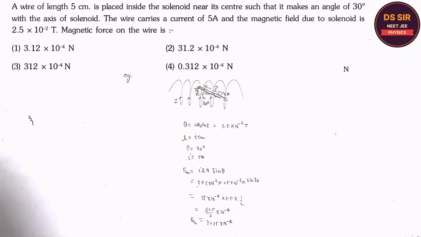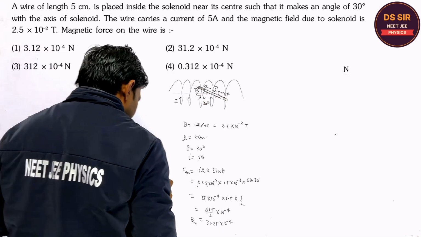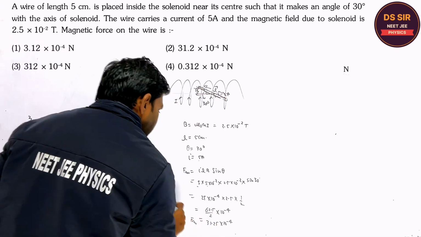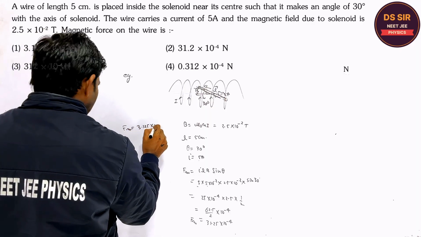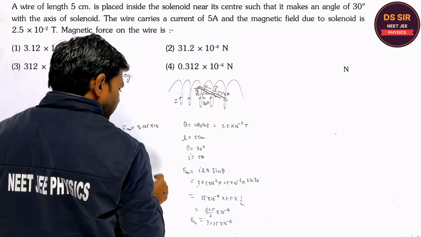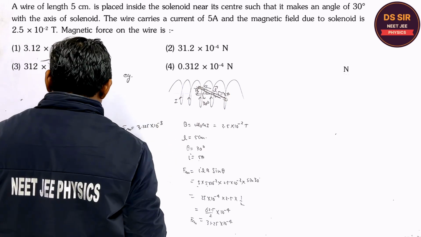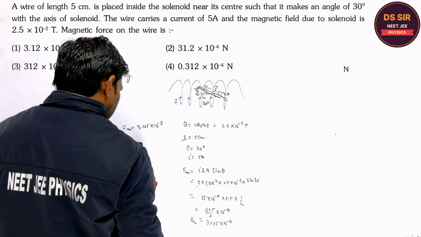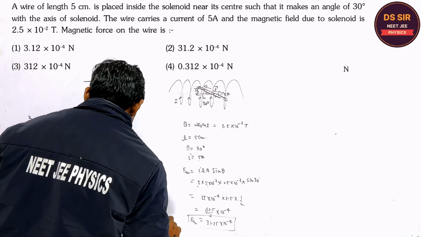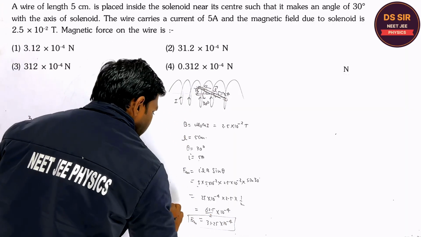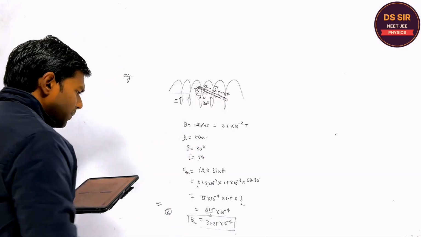Right? So which option is the correct option, you tell? The magnetic force may be written as 3.125 into 10 raised to minus 3 Newton. So the B option, the second option, is the correct option. Is it clear? Copy this.